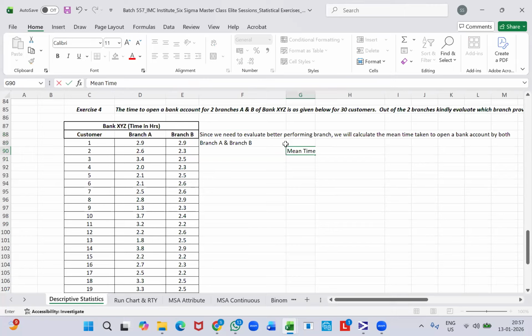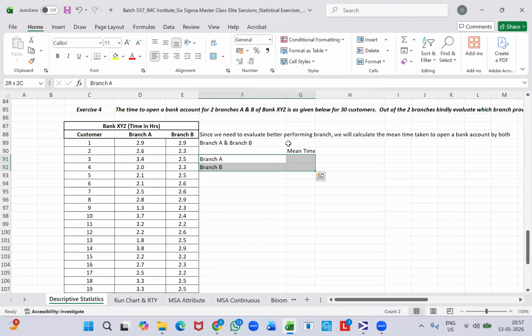So let me give the title as mean time, and then we have branch A and branch B. Right. So let me apply the formula here. So what is the formula?